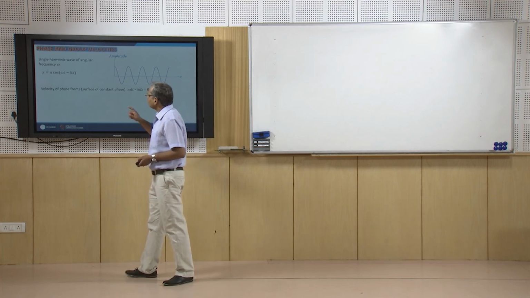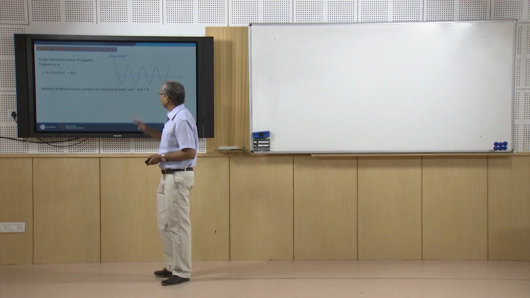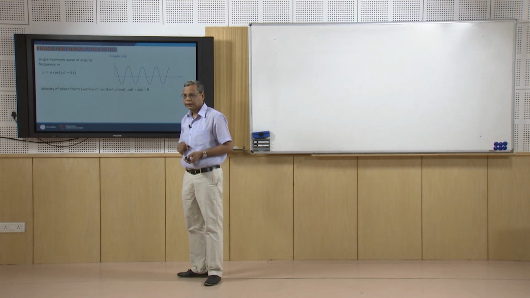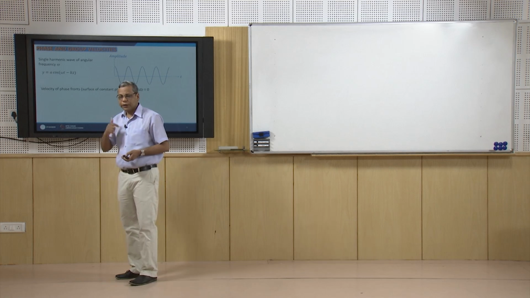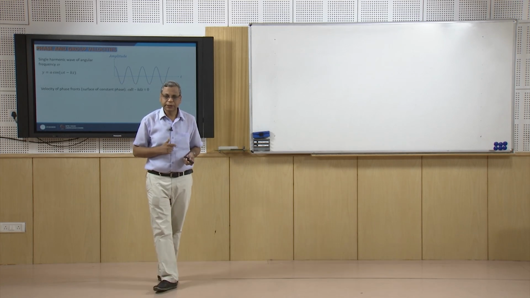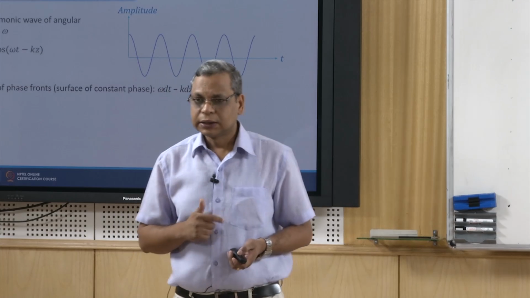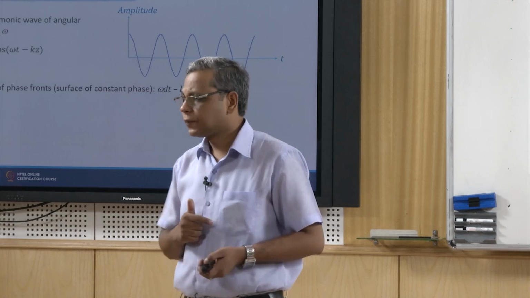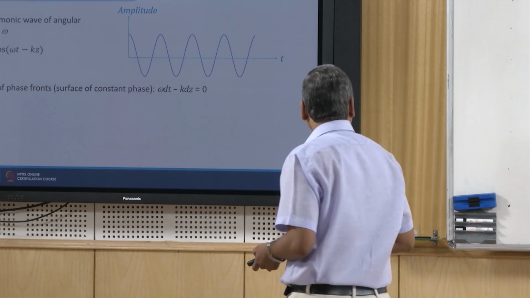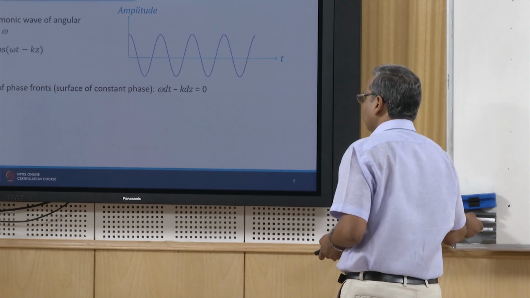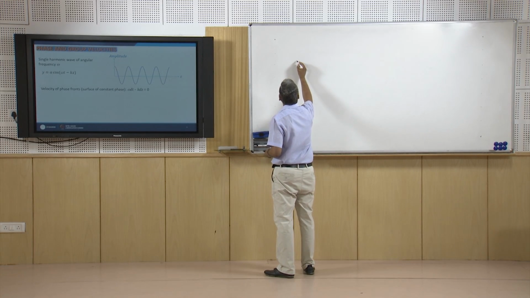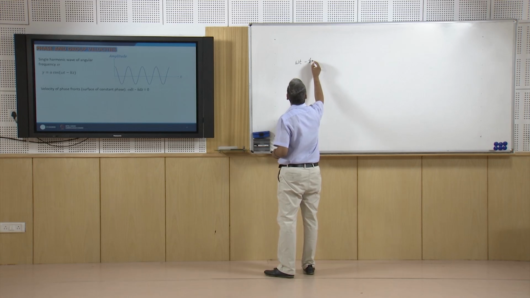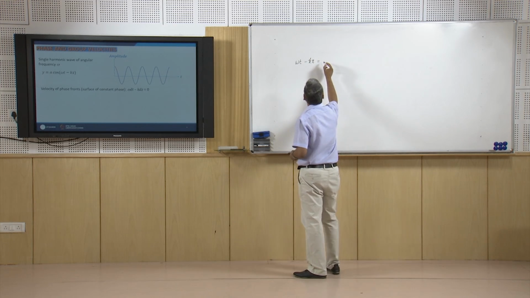Now, the velocity of phase fronts I can find out from here. What are phase fronts? Phase fronts are the surfaces of constant phase, and here the phase is omega t minus kz. So, the surface of constant phase would be given by omega t minus kz equal to constant.